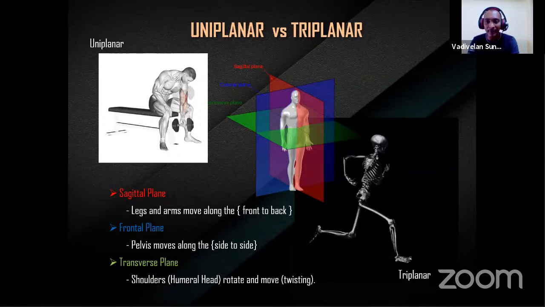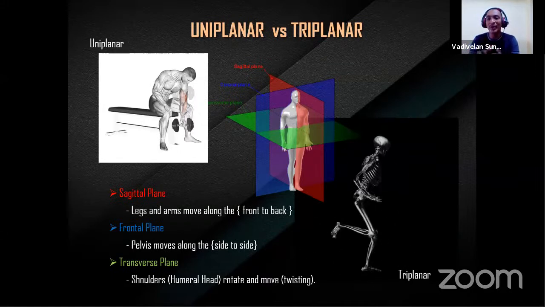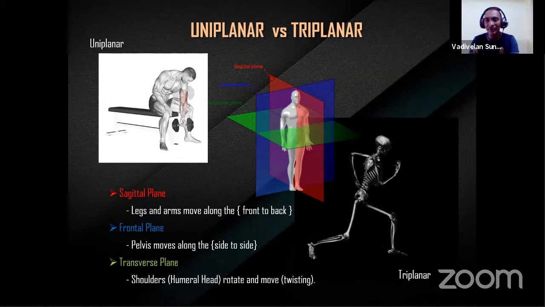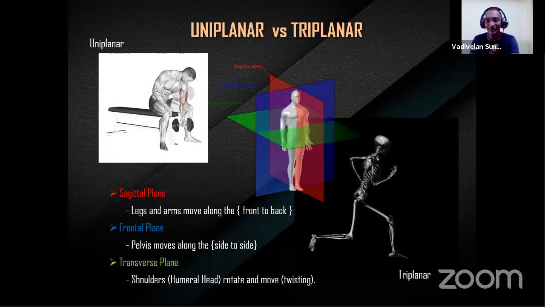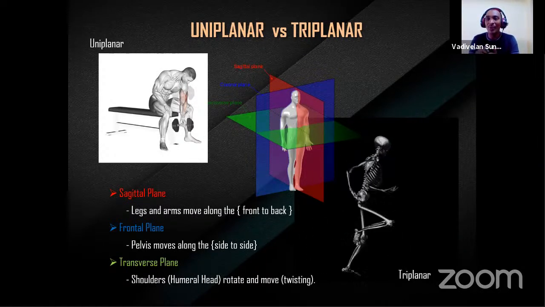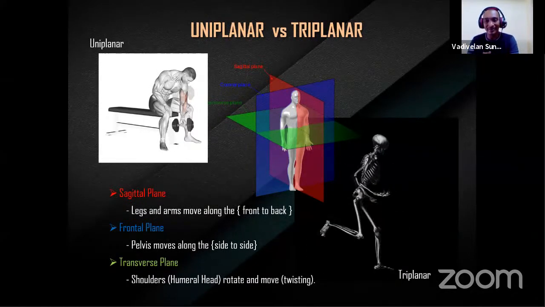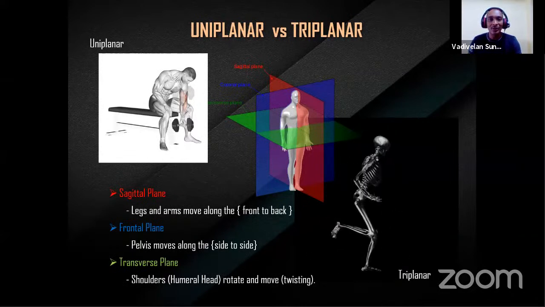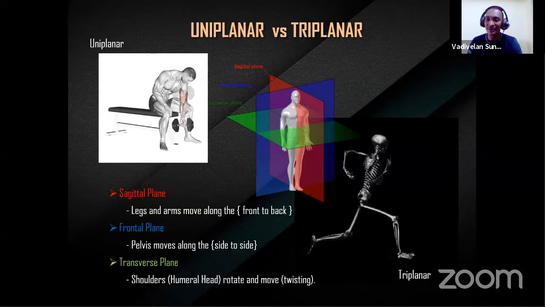Definitely not, because when you move your legs, the core, the pelvis, and your shoulders need to give a stabilizing action for your running. If it is not stabilized properly, whatever power the lower limb has is not going to be executed. This triplanar movement can be achieved in functional strength training.